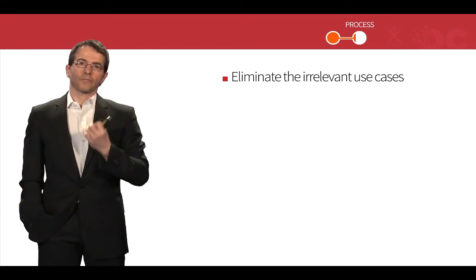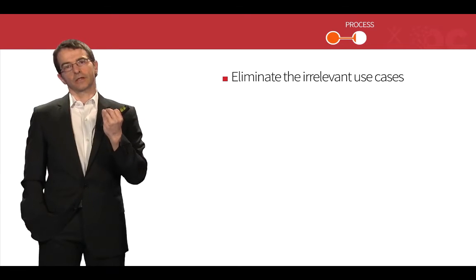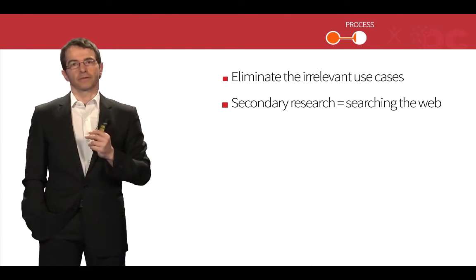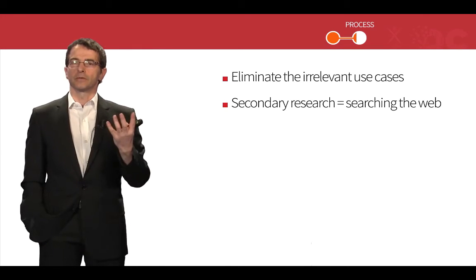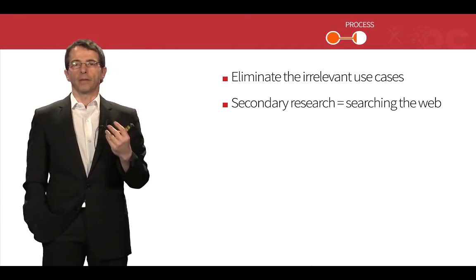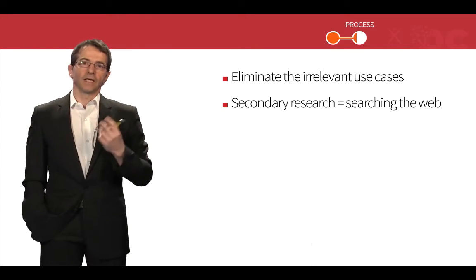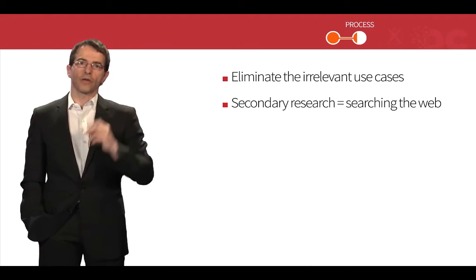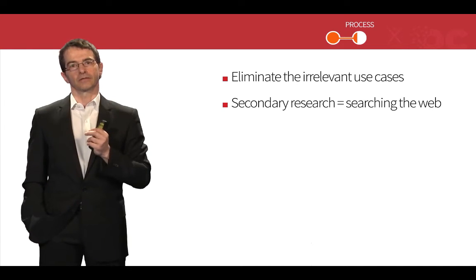Within the use cases that are still under consideration, at first we recommend that you go through secondary research. Secondary research is very simple. It is about searching on the web and trying to find every available piece of information to confirm or not whether one use case makes sense.